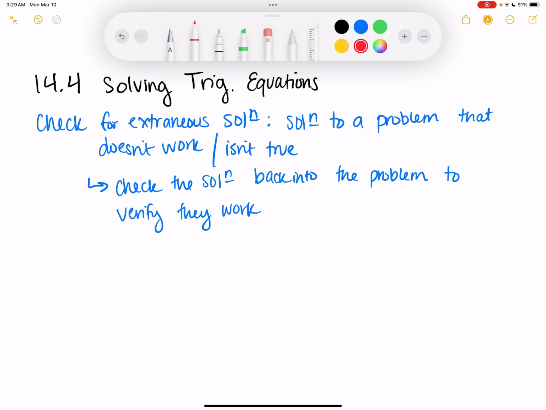Some of the problems, let me see exactly how they word it. They say to find the general solution.